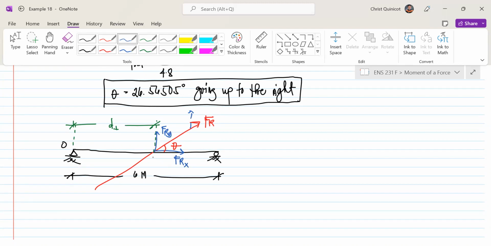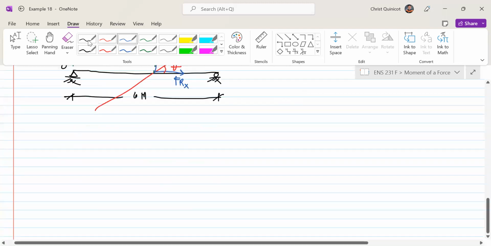If we do moment summation about point O, we'll only consider F sub Ry, which acts at the unknown distance D, and we will not consider F sub Rx because its line of action passes through point O.